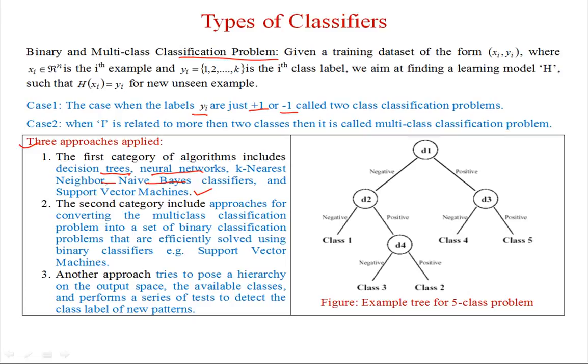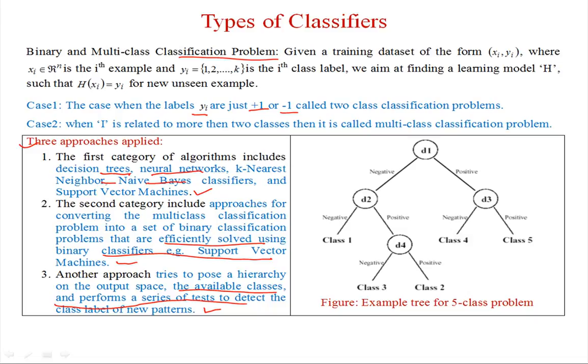The second category includes approaches that convert the multi-class classification problem into a set of binary classification problems that are efficiently solved by using binary classifiers, for example support vector machine. Another approach tries to pose a hierarchy on the output space, the available classes, and perform a series of tests to detect the class label of a new pattern.